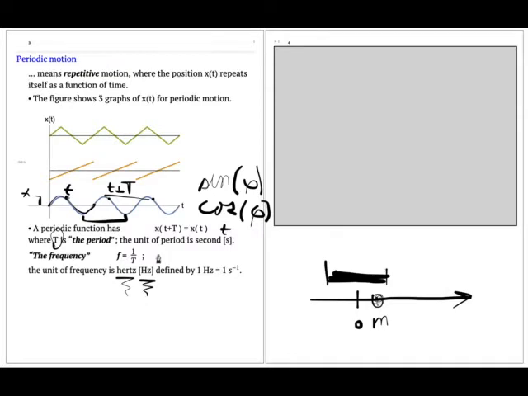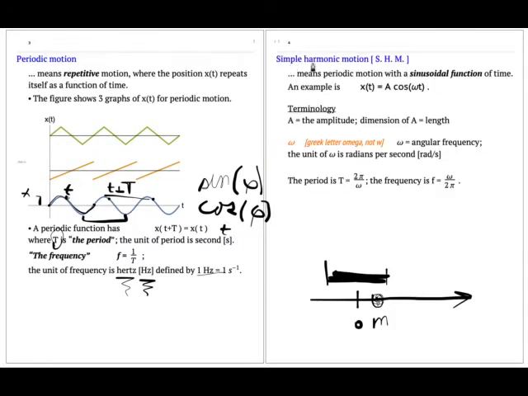The definition of 1 Hertz is 1 inverse second. So if the frequency is 1 cycle per second, then the period is 1 second. If the frequency is 60 cycles per second, then the period is 1/60th of a second. So that's the general description of periodic motion.